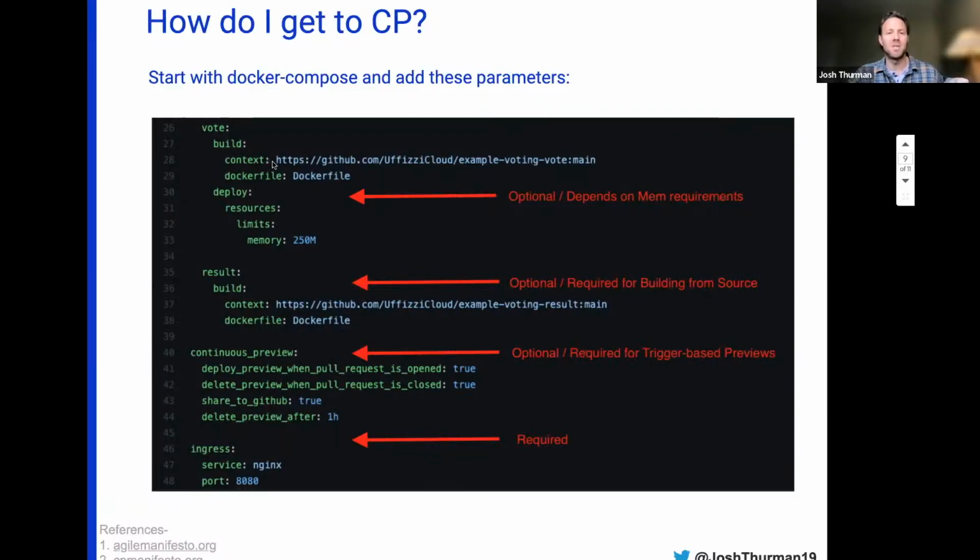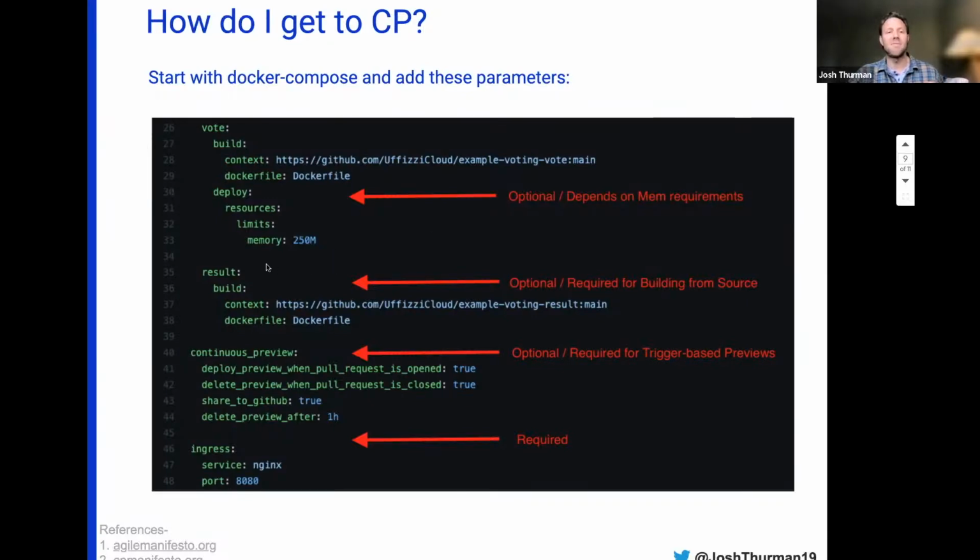It's going to pull from this repo and this branch, and it's going to use this Dockerfile. Something else I may have to define is memory resources. I don't have to do that locally, but I do when I'm allocating cloud resources. The default here is 125 megabytes, so you don't have to set it if your containers only need that much memory. In this case, this vote component needs 250 megabytes.